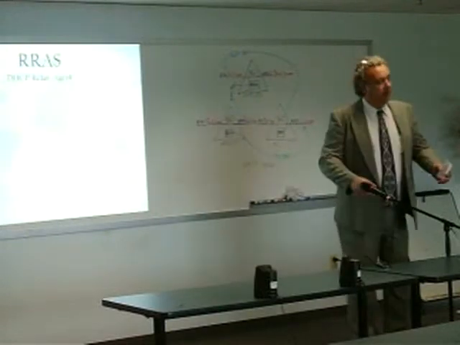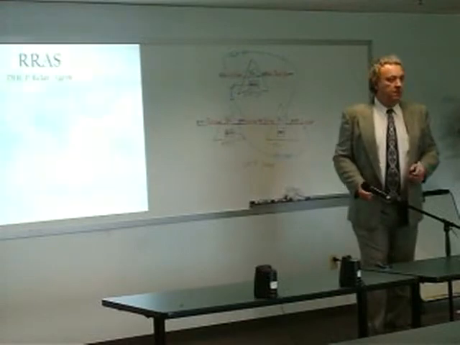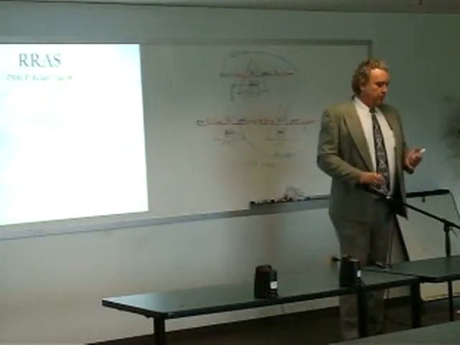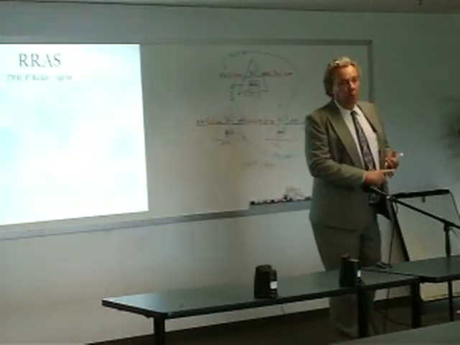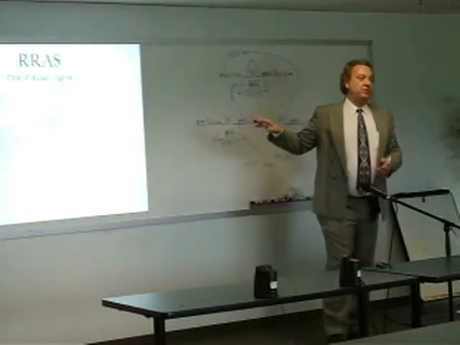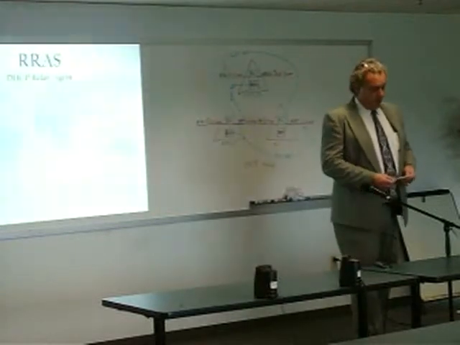If you meet the criteria, it goes to the domain controller. The domain controller says, yes, this is an authenticated user, and then at that point in time, it's going to grant some access to that user. We can control what portions of the network that user has access to, what areas, what services, all based upon what we have set up in the RAS server. So it becomes a very flexible solution for the network.